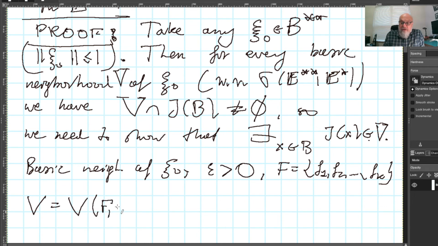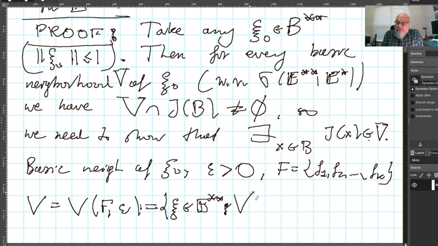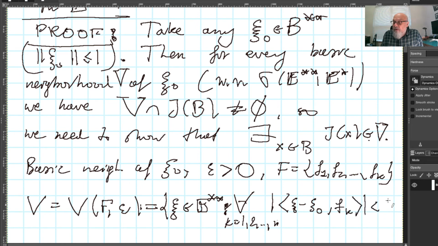Those are the functionals, this is your epsilon, and by the definition this is the set of all psi belonging to E double star such that for every k equal 1 to n, I have the absolute value of psi minus psi naught, Fk, smaller than epsilon.